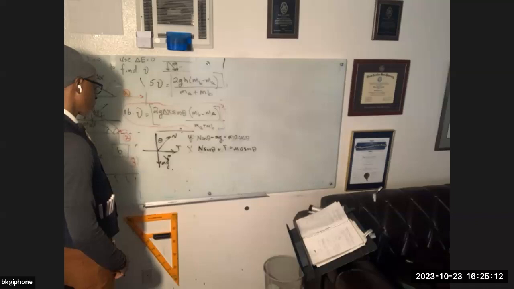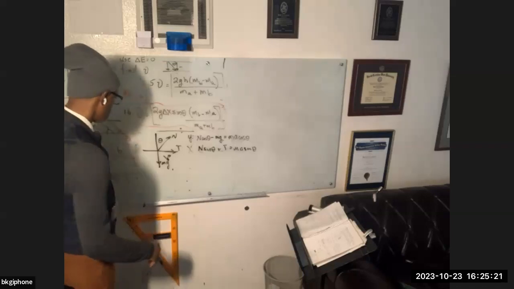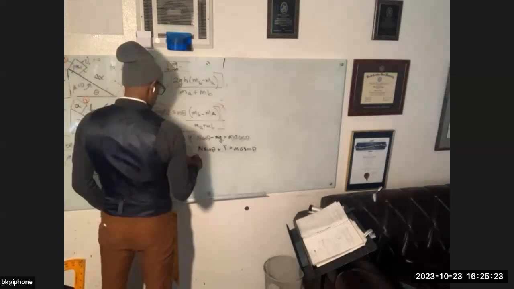We've got three unknowns. Over on the other side, basically for the other block, this is block one, block two.